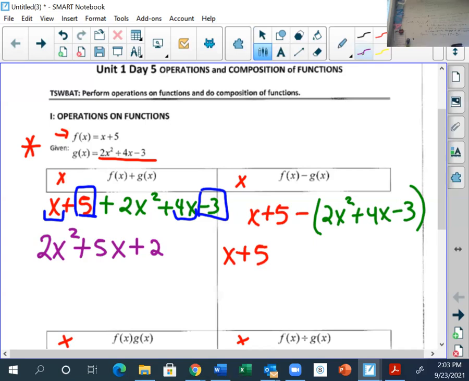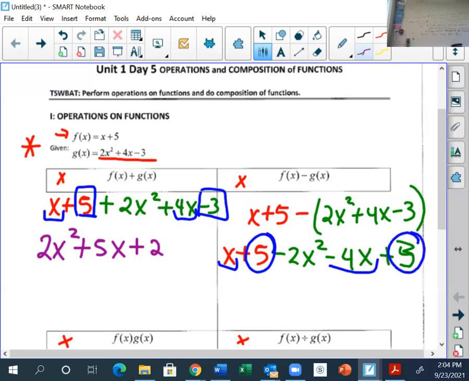But when I distribute the negative, it'll be negative 2x squared minus 4x, and negative times negative gives you plus 3. Now I can combine. I have an x that can be combined with a negative 4x, and a positive 5 that can be combined with a positive 3.